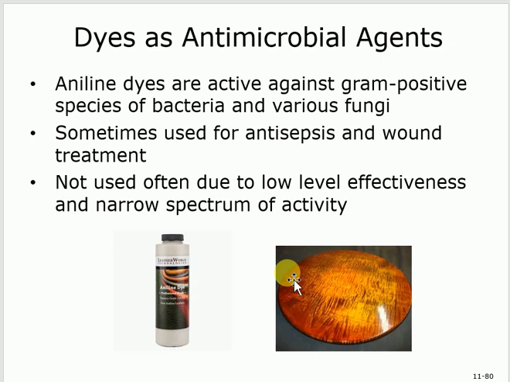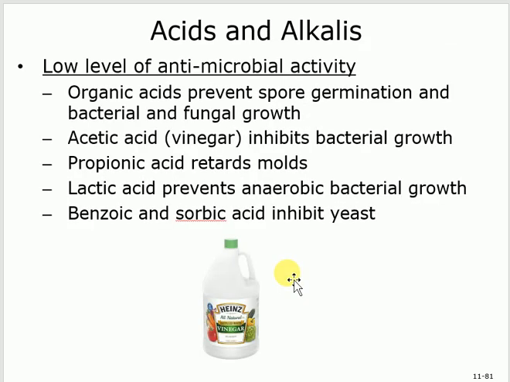Inactivating proteins. Dyes. Can you use dyes as antimicrobials, like aniline dye? It can kill some bacteria and fungi. It can be used in antisepsis to act as antimicrobial agents, but it's not very effective though.